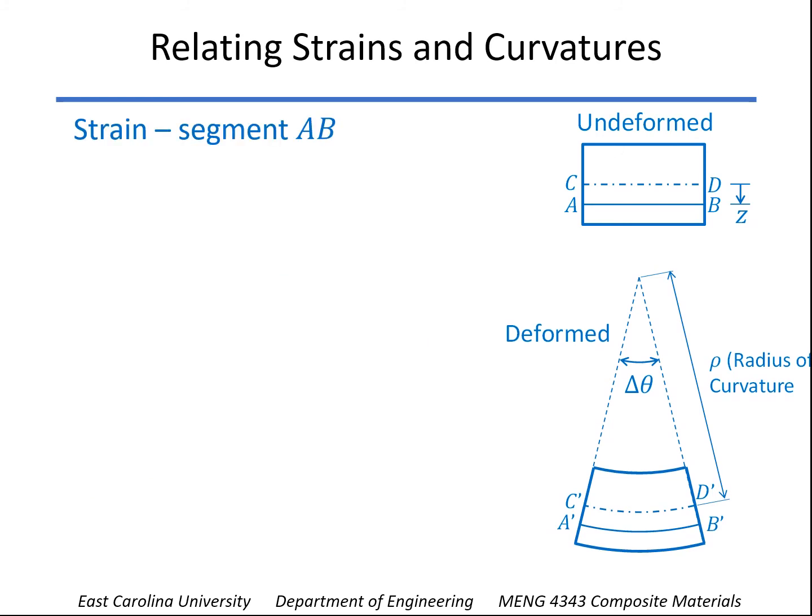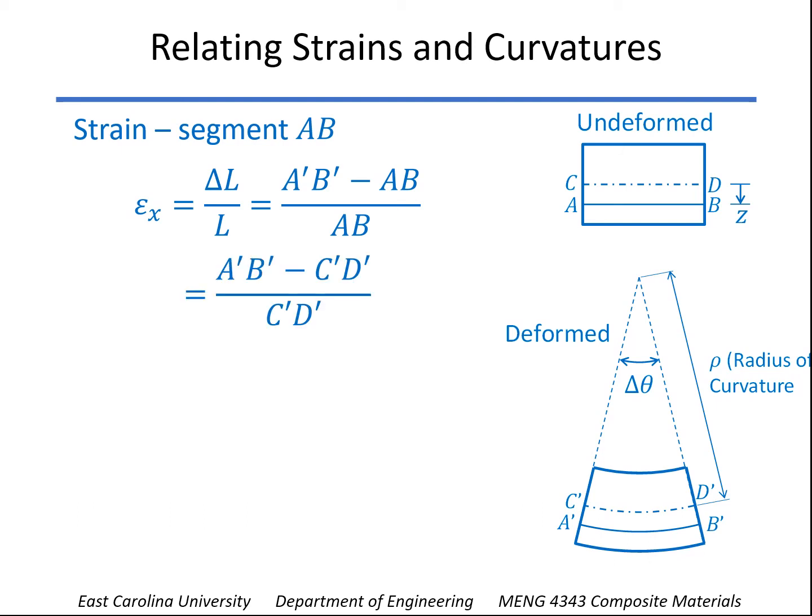So now let's find the strain in segment AB. Remember that for a small line segment we said the strain is change in length divided by the original length. So A prime B prime minus AB is the change in length, and the original length is just AB. But also remember this, AB is the same length as CD, and CD is the same length as C prime D prime.